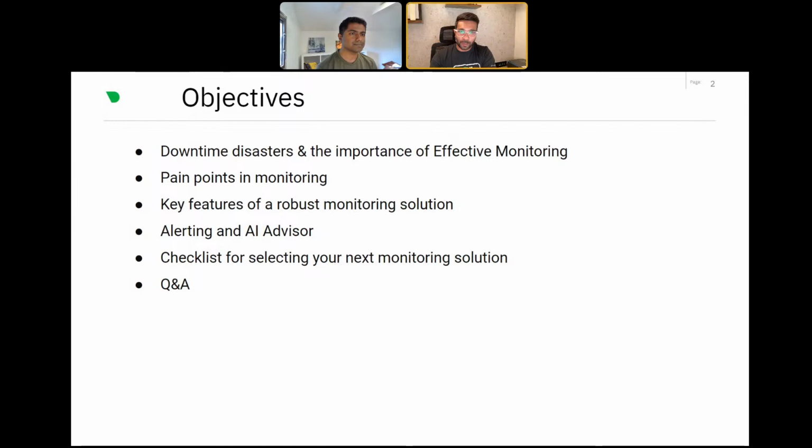We'll also take you through the essential features of a robust monitoring solution, alerting and AI or the anomaly advisor. And last but not the least, we'll give you a checklist for selecting the right monitoring solution whenever need arises. And finally, of course, time for some Q&A, but keep pouring in your questions and comments, and we'll try to take them as and when we see them.